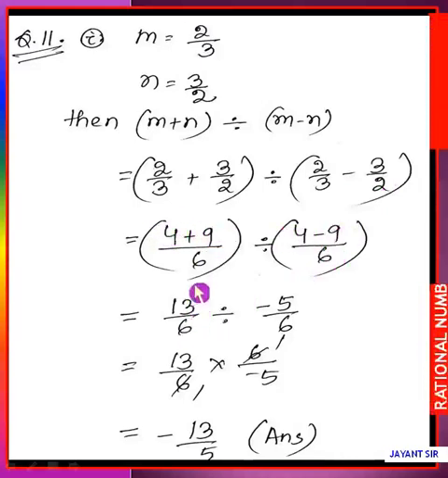Now 4 plus 9 equal to 13 by 6 divided by minus 5 by 6 equal to 13 by 6 into 6 by, making it reciprocal, 6 by minus 5. 6 1 the 6, 6 1 the 6, cannot be reduced further, equal to minus 13 by 5.